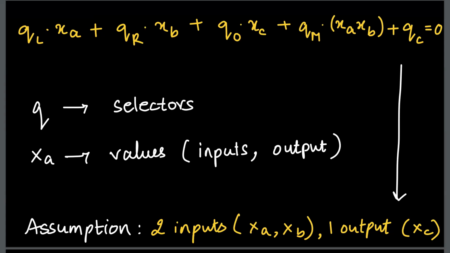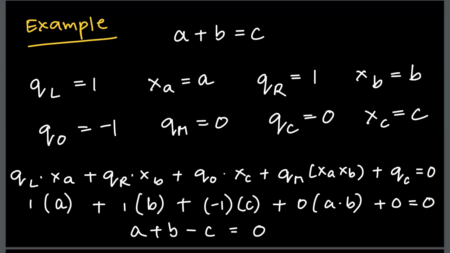Now, how do you bring life to this equation, or how do you use it? Let's say you have a very simple gate where you add two numbers and print the output. The gate would be a plus b equals c, where c is the output and a and b are inputs. So here our XA will be a, XB will be b, and XC, the output, would be c.